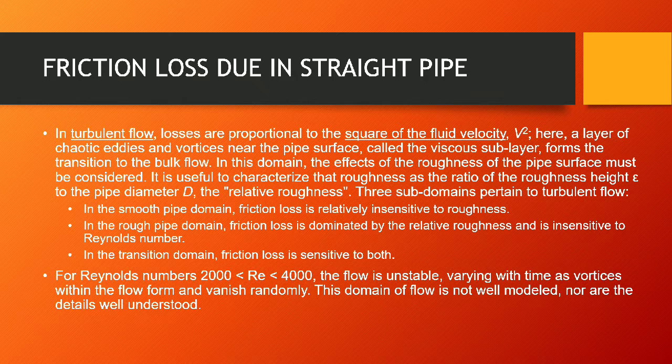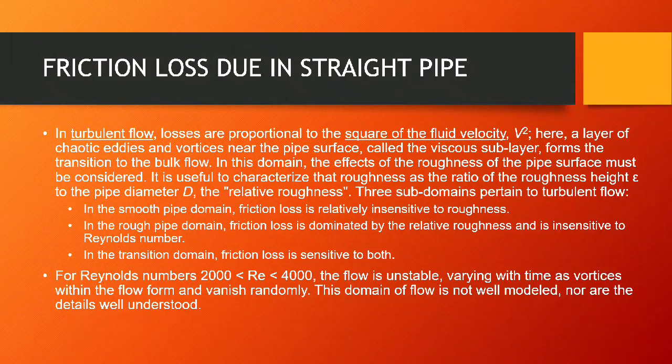In turbulent flow, losses are proportional to the square of the fluid velocity, V squared. Here, a layer of chaotic eddies and vortices near the pipe surface, called the viscous sublayer, forms at the transition to bulk flow. In this domain, the effect of the roughness of the pipe surface must be considered. It is useful to characterize that roughness as the ratio of the roughness height to the pipe diameter D, the relative roughness.